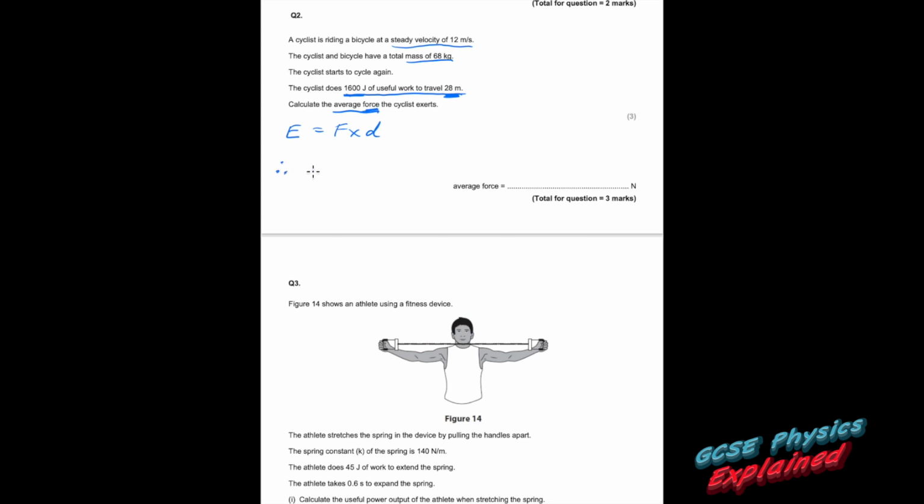So force equals energy transferred over distance. That's 1,600 joules divided by 28 metres. That's 57.14, and that'll be in newtons because force is in newtons. None of these other numbers have decimal places, so I'm just rounding it to 57.